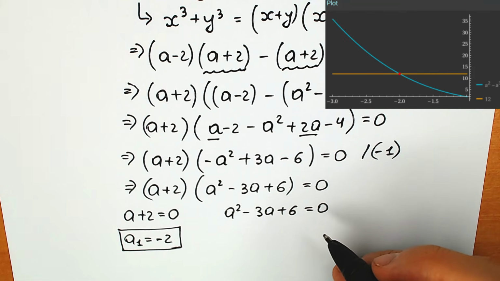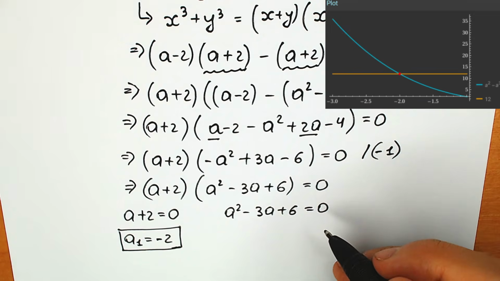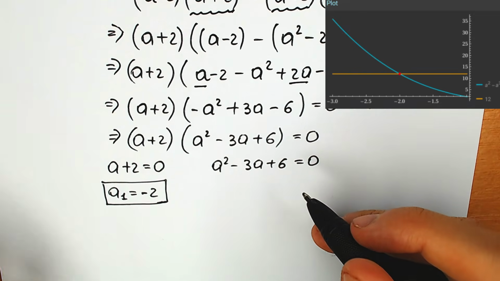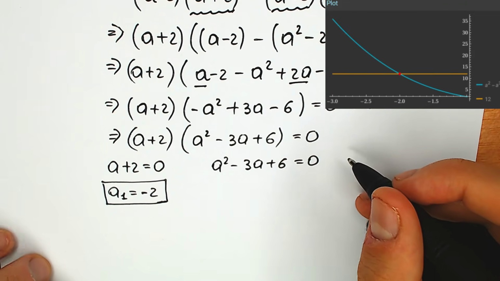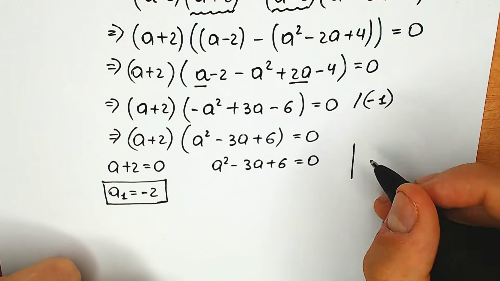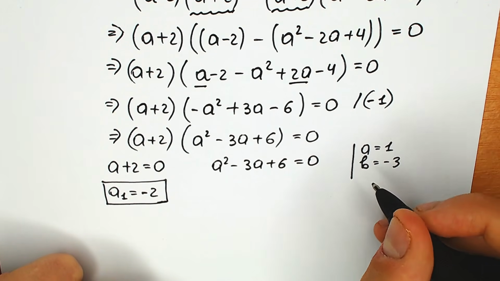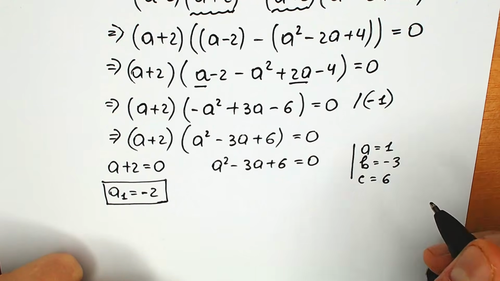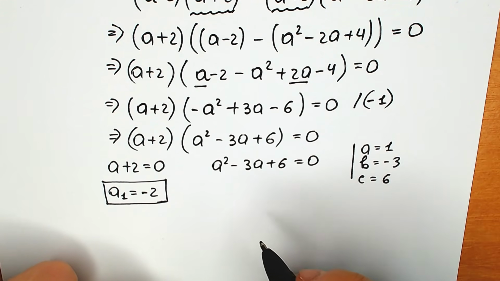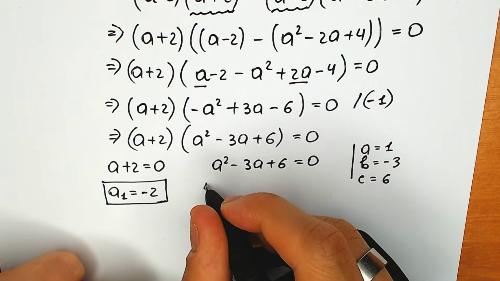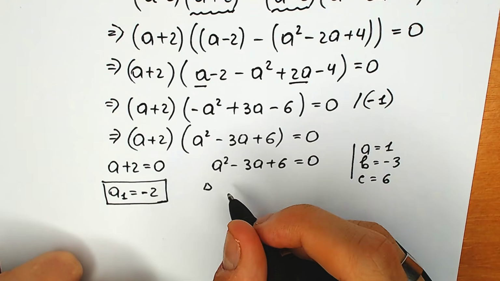This is a basic quadratic equation, so don't be scared about it. We can easily solve this question with the basic method, with the method of coefficients. Of course, we can easily write that a equal to 1, b equal to minus 3, and c equal to 6. So right now let's solve this quadratic equation in terms of the basic method of coefficients. First of all, I prefer finding a discriminant.